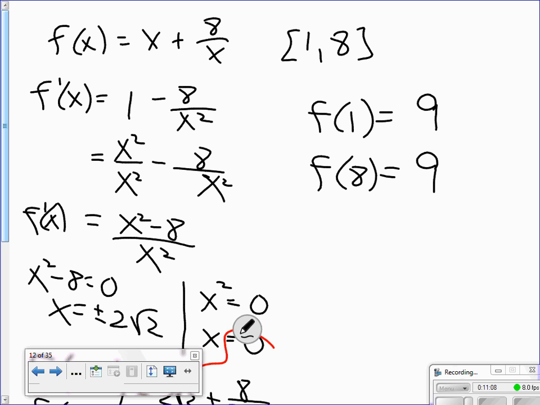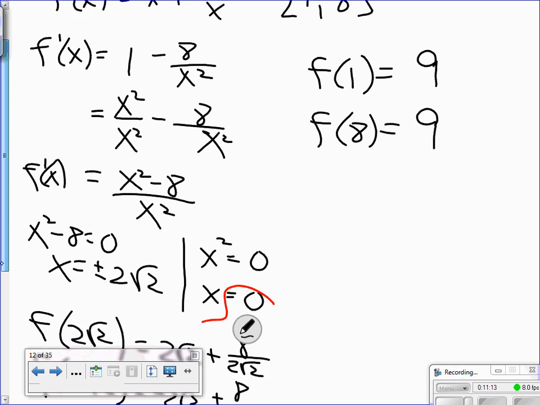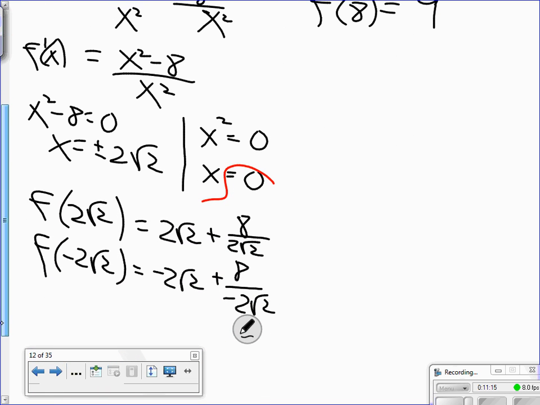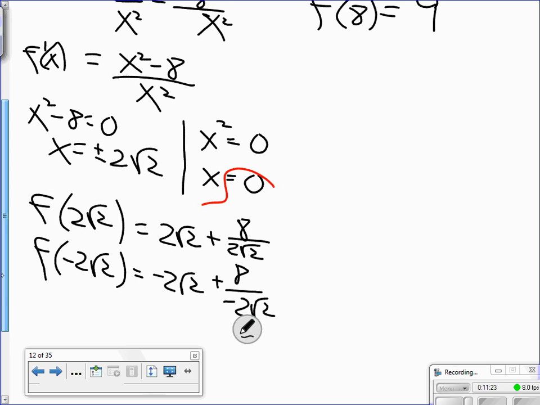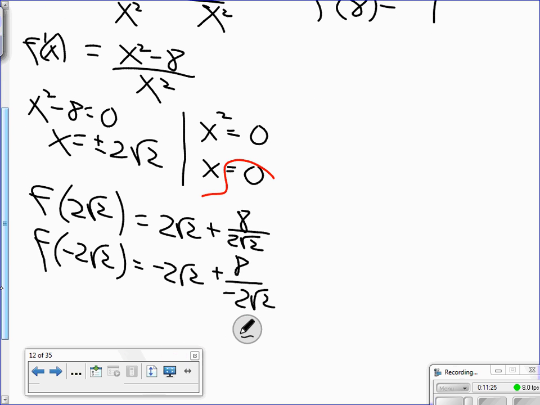Because now we want to compare all these, we would kind of want to know what 2 root 2 gives. I want to see what's the max and what's the min. Or else we have to combine them to get an idea.